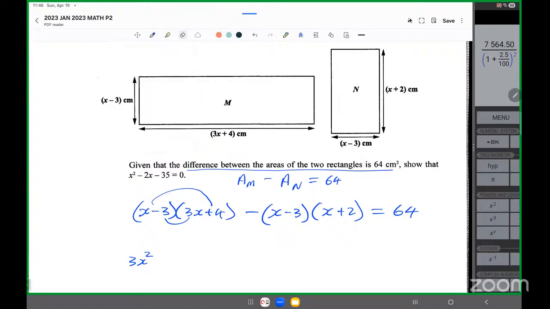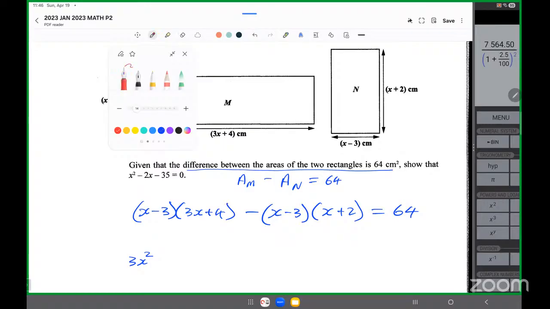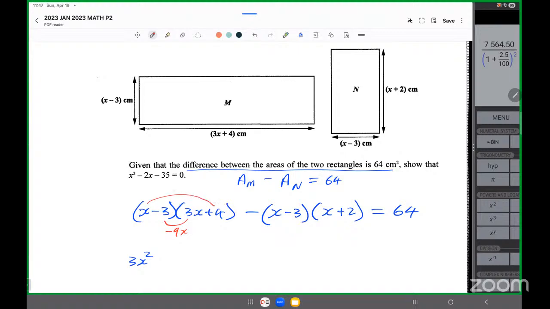I'm doing it a shortcut way. I'm going to show them in red. So the near product is minus 9x and the far product is plus 4x. So the minus 9x and the plus 4x is minus 5x. So the middle term is minus 5x. Then the last one is the minus 3 times the 4, which becomes negative 12.